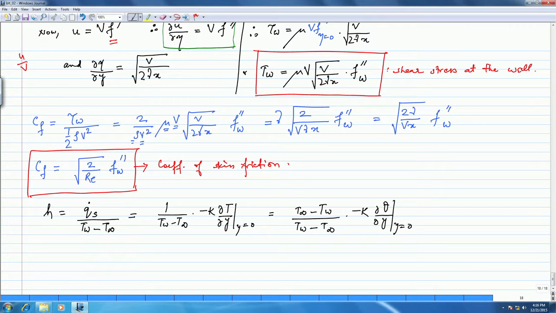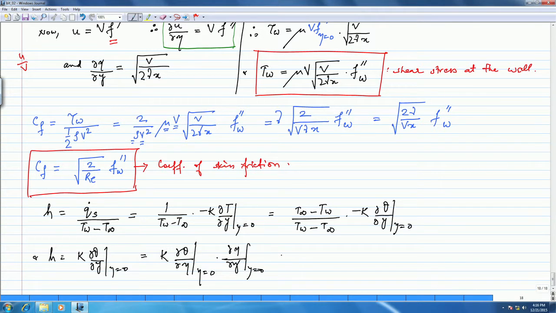So, again, therefore basically we get h is equal to this. So then, h is equal to k del theta del y at y is equal to 0, which again I can write as k del theta del eta at eta is equal to 0, into del eta del y at y is equal to 0.